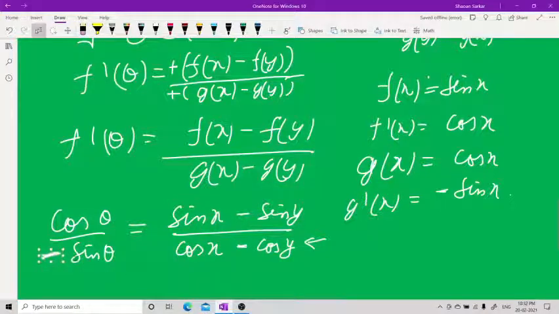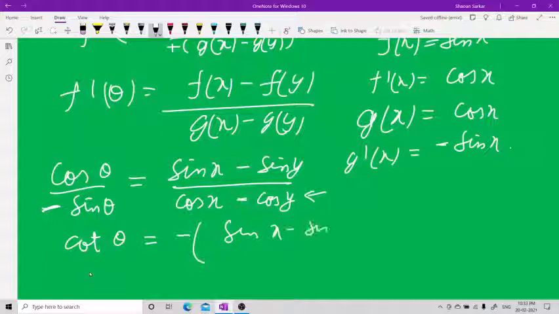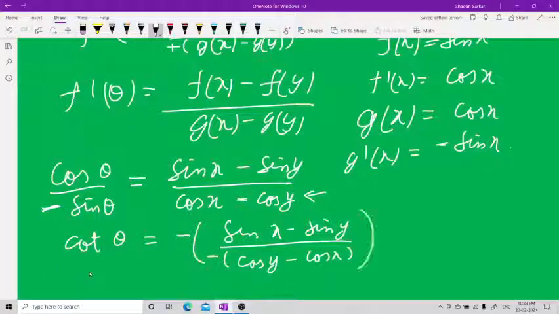So you will get cot theta equal to minus, you take this sin x minus sin y upon, take a minus common from here, cos y minus cos x, and this minus will cancel this minus because minus into minus is plus.